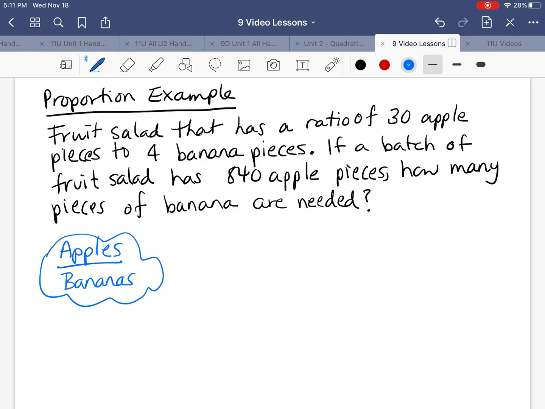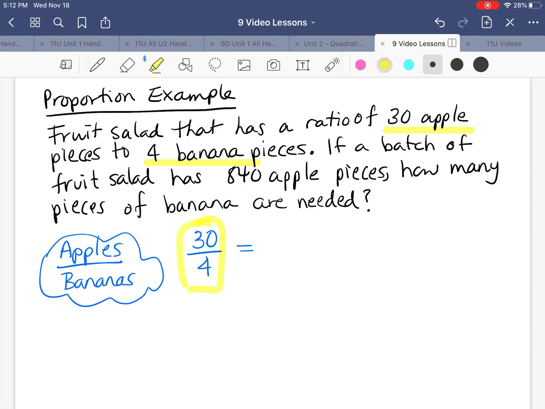And this is going to help guide my setup and keep everything organized. So in our question, we were told that the fruit salad has a ratio of 30 apple pieces to 4 banana pieces. So that means I'm going to write 30 on the top of my fraction in the numerator position and 4 on the bottom in the denominator position.